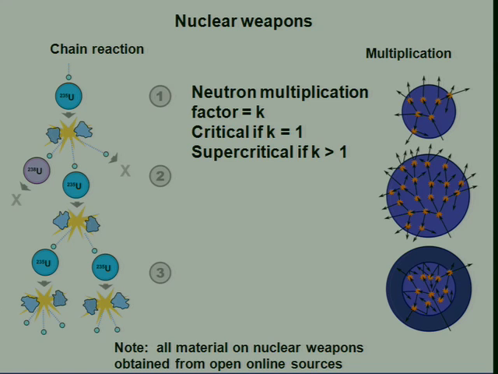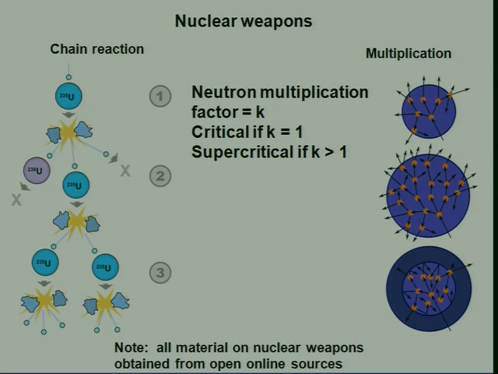And in this cartoon, 2 of them hit uranium nuclei. One of them hits a U-235 and causes another fission to happen. One encounters a U-238. And as you know, at least if these are low energy neutrons, which most of these are, chances are you won't get a fission event from U-238. You'll get a capture. And so here, one of those 3 neutrons in the second generation succeeded in making another fission, and you get this multiplication factor.